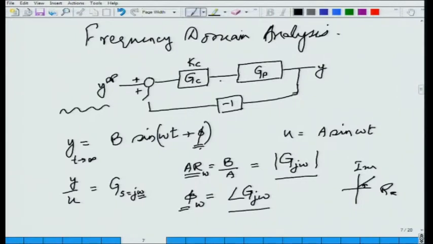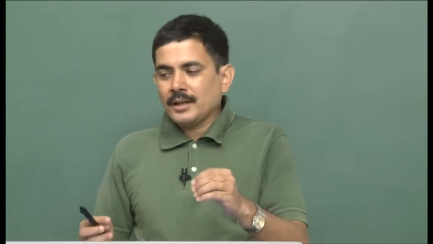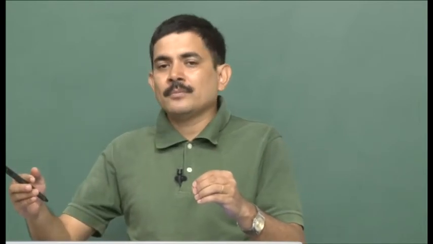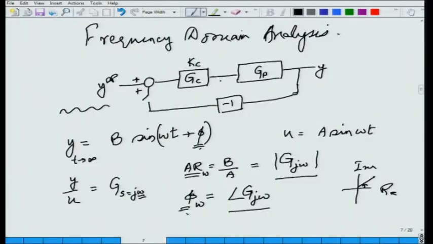Okay. Now, most systems are causal in the sense that if I make a change to the input, the output takes time to respond to the input. Therefore, for most physical systems, the phase lag or the phase angle is usually negative.